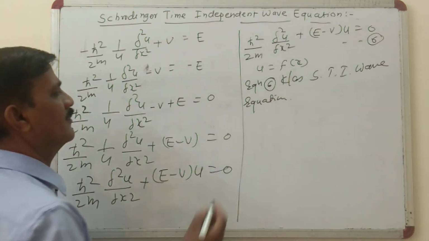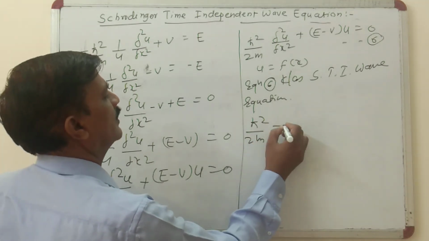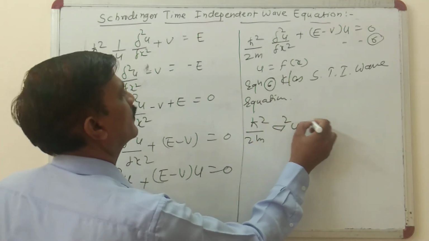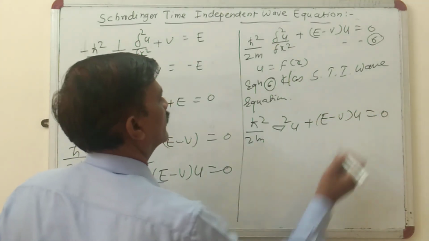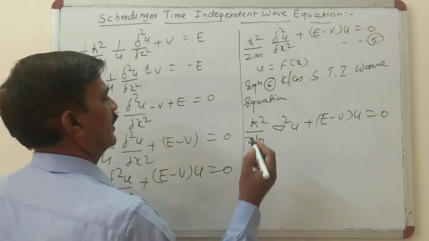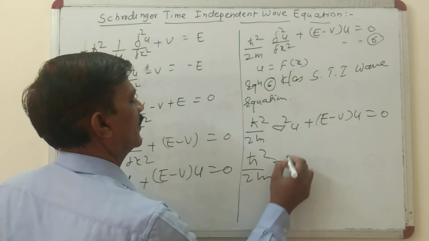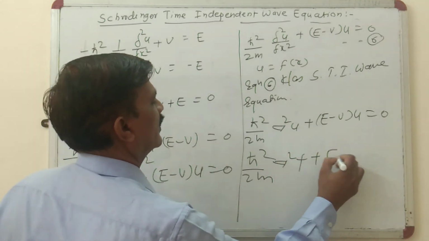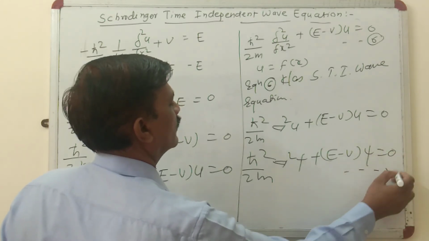In case of three dimensions, ħ²/2m ∇²u + (E - V)u = 0. In place of u, write ψ, and we get ħ²/2m ∇²ψ + (E - V)ψ = 0.